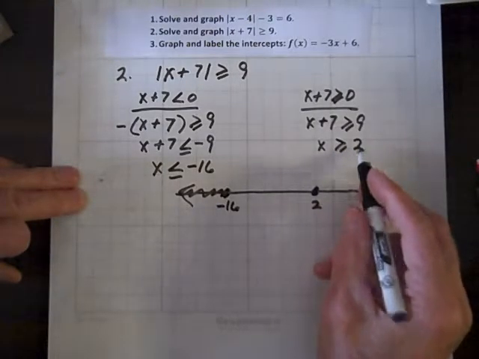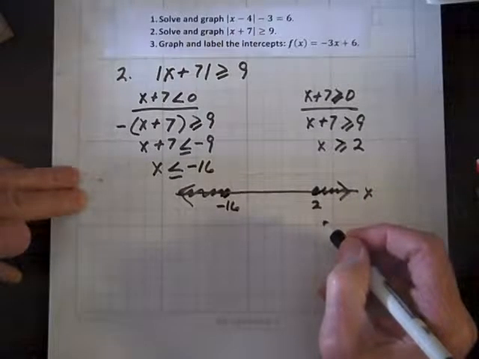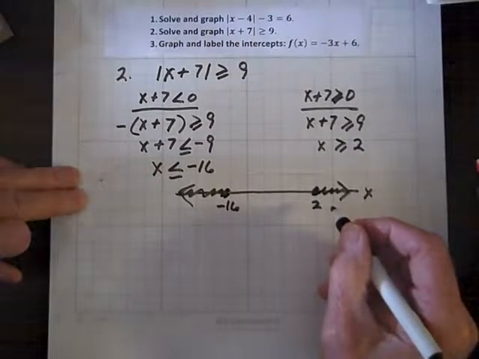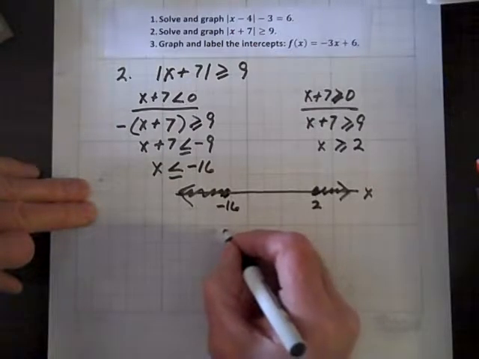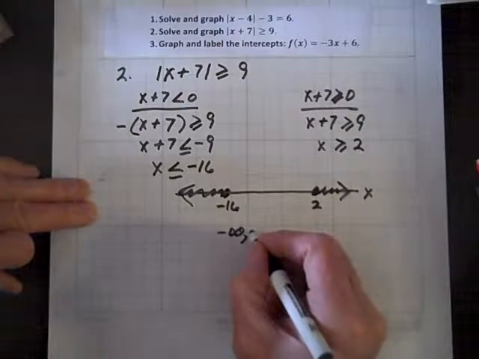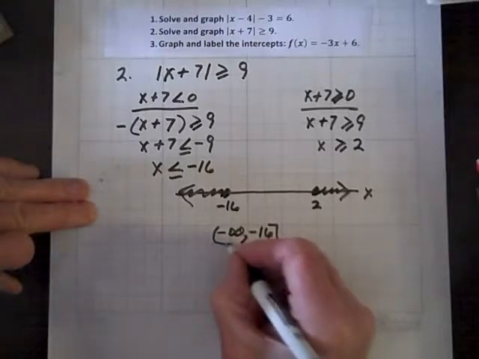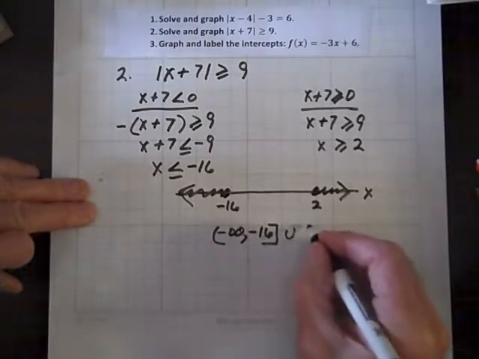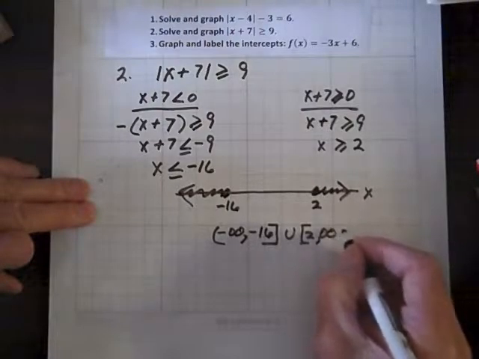All values greater than or equal to 2 satisfy this inequality. And so our solution in interval notation is negative infinity to negative 16. We'll put a bracket there because we can include 16, union with 2 to infinity.